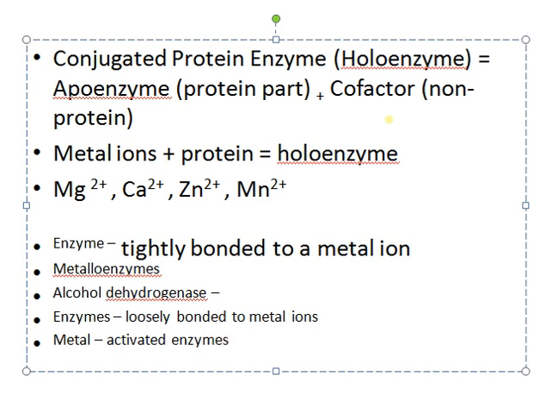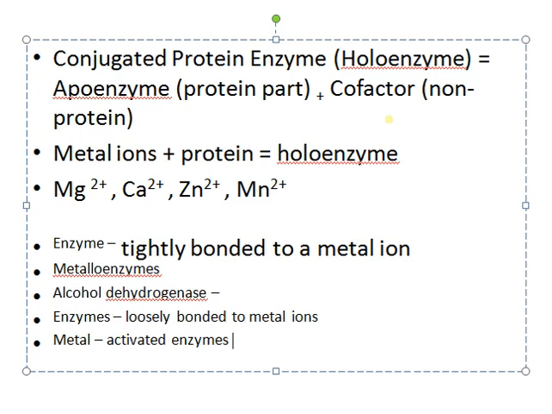So we have two types of enzymes, metalloenzymes and metal activated enzymes. Metalloenzymes are those in which the metal ions are tightly bonded to the enzyme, and metal activated enzymes are those in which the metal ions are loosely bonded to the enzyme.